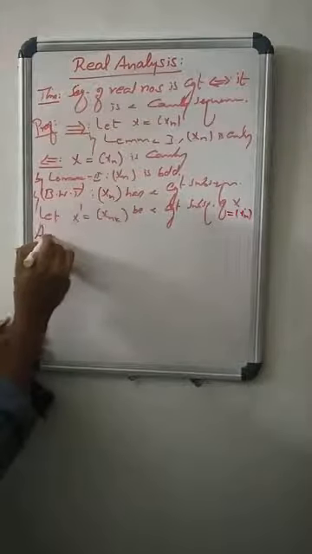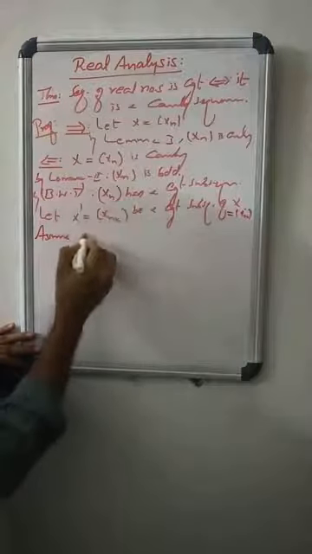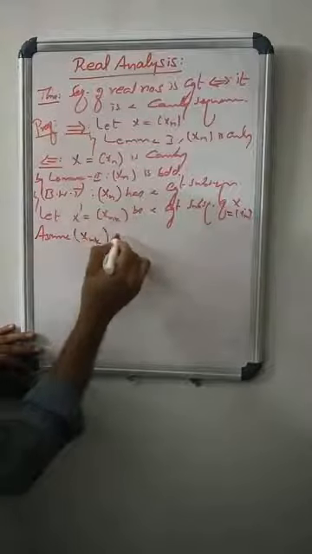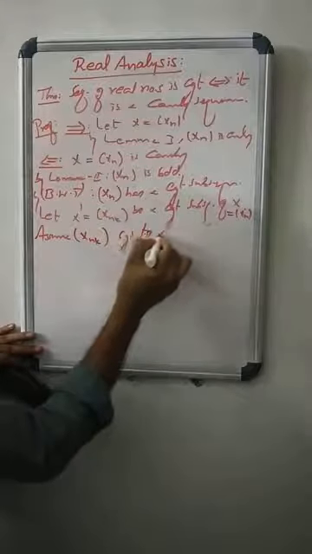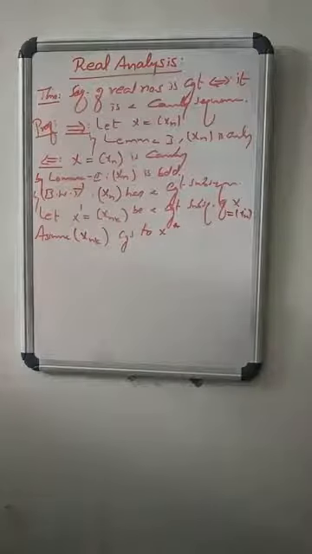Since (xnk) is a convergent subsequence, (xnk) converges. So let (xnk) converge to some x star.